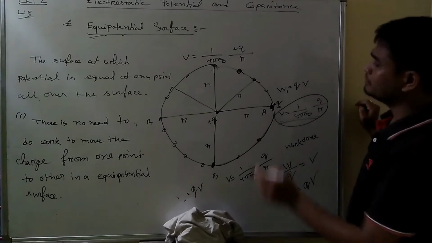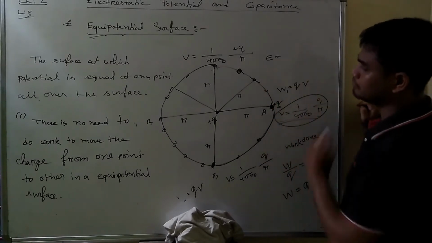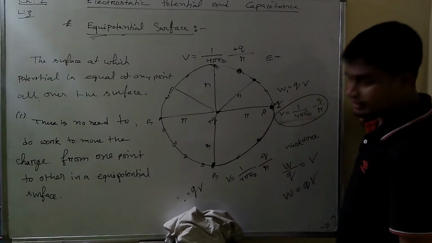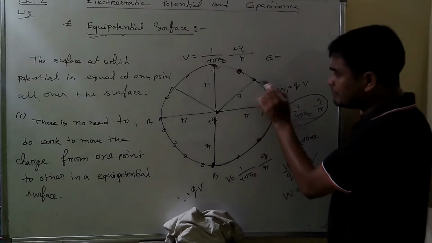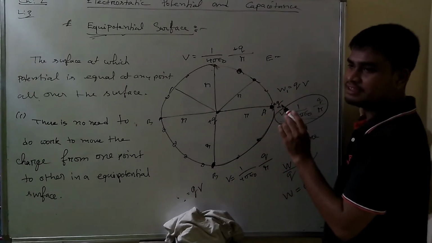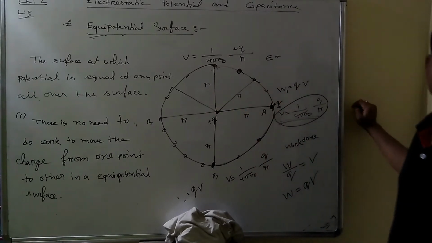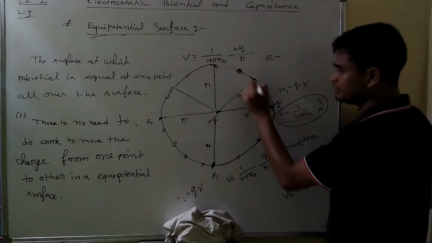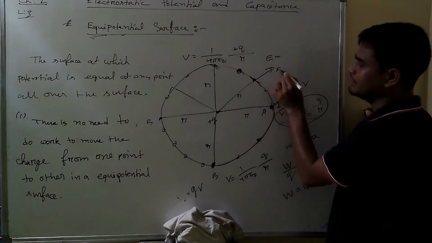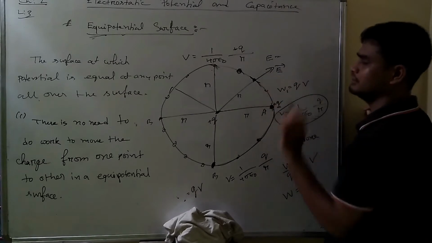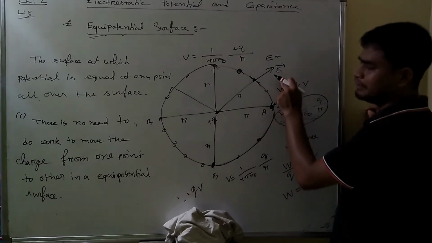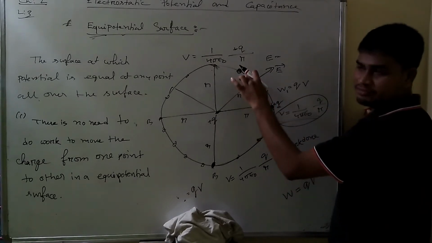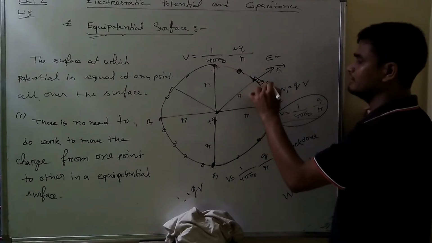If we see the electric field, the electric field at any point of the equipotential surface is perpendicular to the surface. This is the equipotential surface, so this will be the direction of the electric field. We know that this is the charge, so this is the electric field on the equipotential surface. That is, this is 90 degrees.